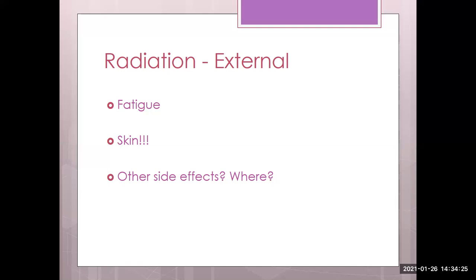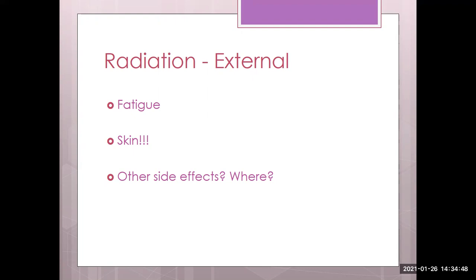There is a chart on page 381 that talks about some of the side effects that can occur based on where it's being aimed at. So like the GI symptoms are going to be more abdominal cancers. So GI, GU, if radiation is targeted there, then you're more likely to see side effects related to that area.